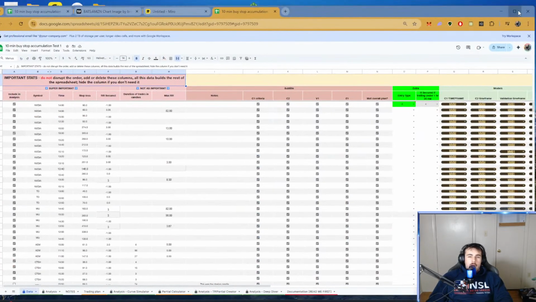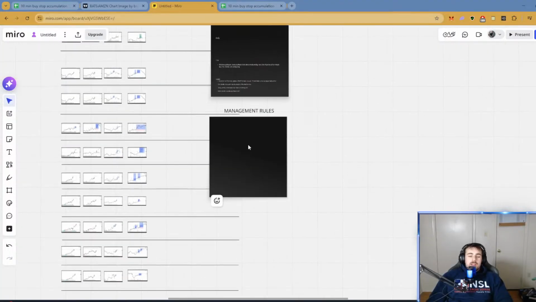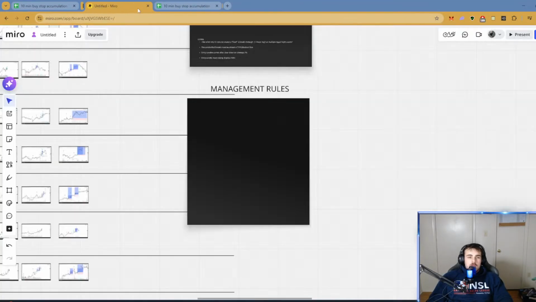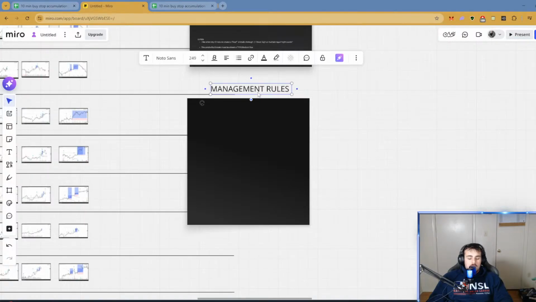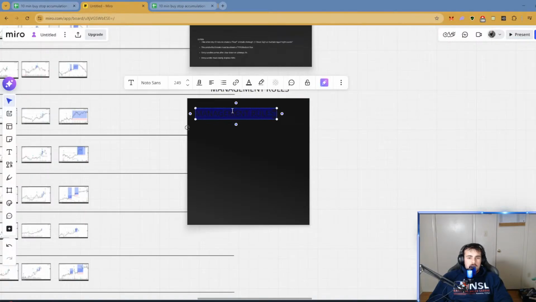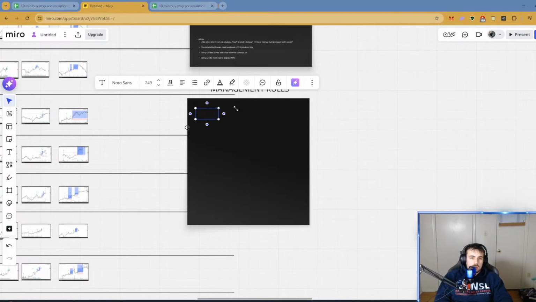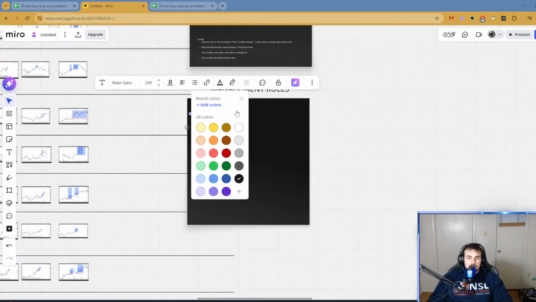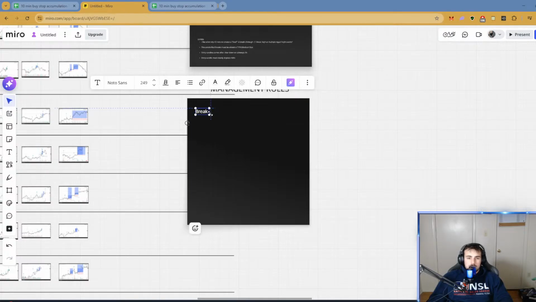Okay. I'm going to go back to figuring out my management rules for this strategy. So, I break even at 1-to-1. Every time my trade runs the distance of 1x my risk, I'll break even.